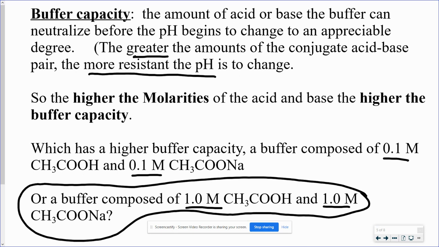Starting with 1 molar of each, it could adjust to adding a little bit of acid or base better than when it's only 0.1 molar. The 0.1 molar buffer won't be able to handle that as well.